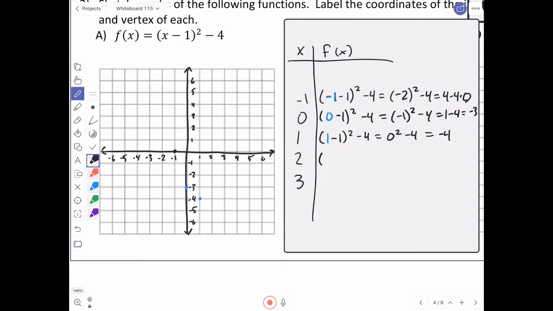And 2 is 2 minus 1 squared minus 4, which is 1 squared minus 4, which is 1 minus 4, which is -3.